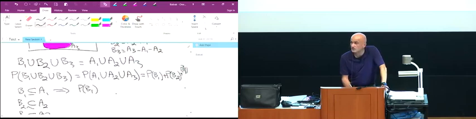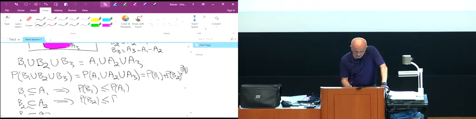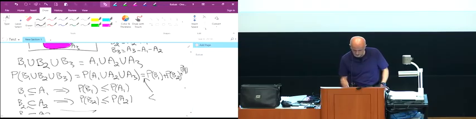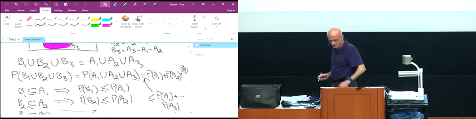Remember 2 lectures ago? It's less than or equal to. This one is less than or equal to. And the same here. So then here you have your inequality. Less than or equal to the sum of all the A probabilities. Okay, so that's the proof.